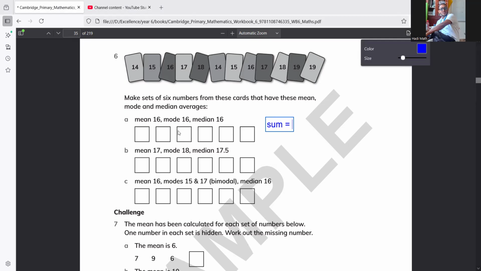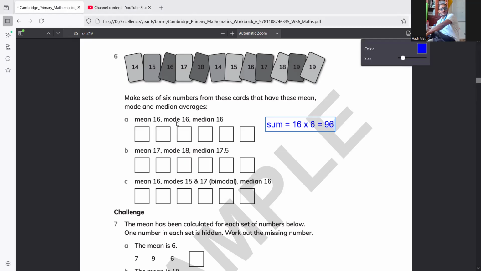So if we have the mean, we can find the sum. The sum is equal to the mean multiplied by the number of numbers, like 16 multiplied by 6, which is equal to 96. This is what we need to understand, what we use the mean for.